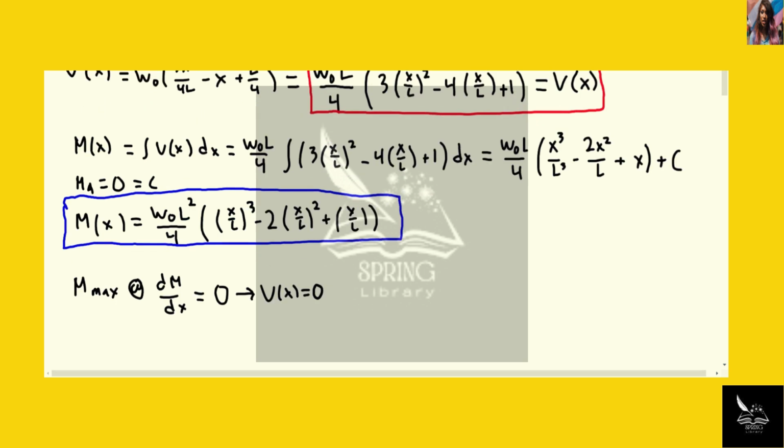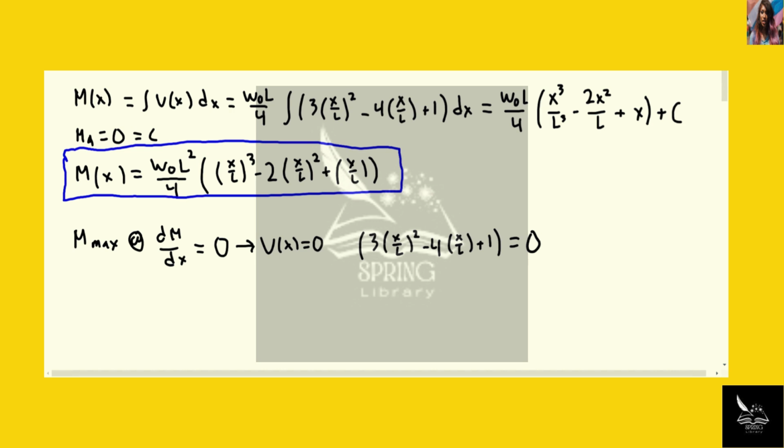So if we scroll up a little bit and look at our V, we can ignore the constant and set 3x over L squared minus 4x over L plus 1 equal to 0. This is why we factored an L out. We're now able to factor this simply.